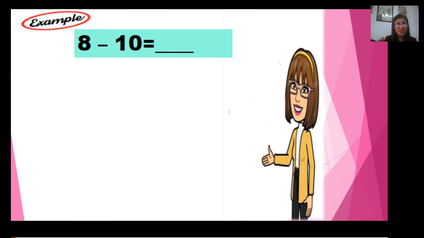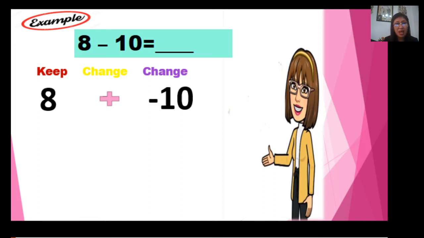Alright, another. 8 minus 10. Keep, change, change. Keep the first integer, 8. The minus sign, you change to plus. Then change the second integer, positive 10, that becomes negative 10. Then proceed to addition of integers with different signs.